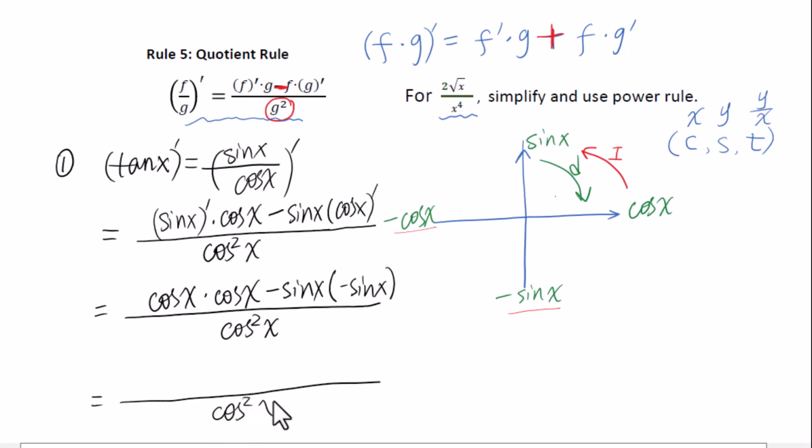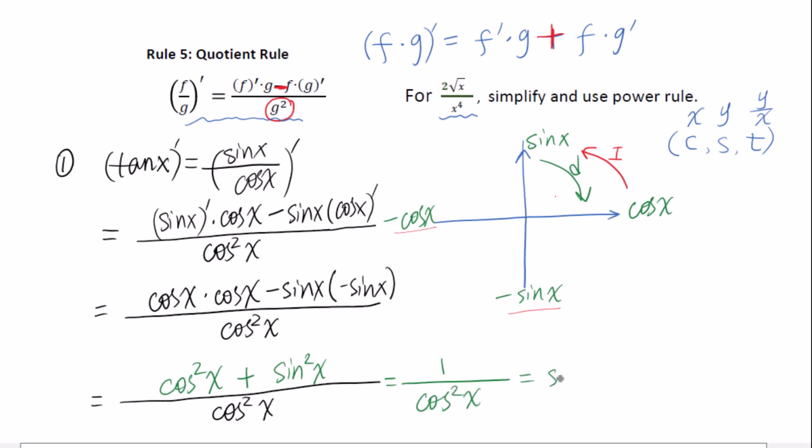cosine square x. Cosine x times cosine x is cosine square x. Negative negative is a positive sine square x. We know sine square x plus cosine square x equals 1, so we get 1 over cosine square x.